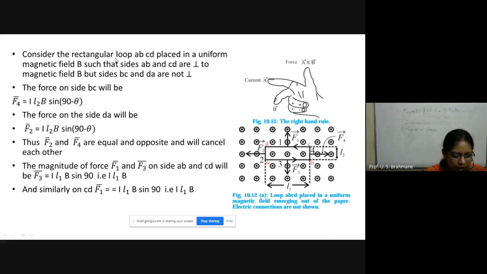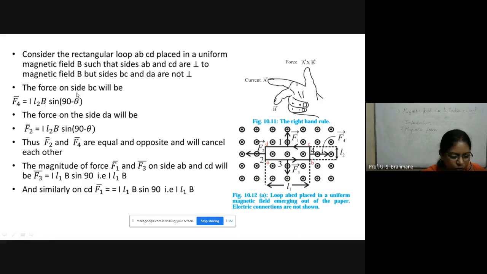Consider the rectangular loop ABCD placed in a uniform magnetic field B such that sides AB and CD are perpendicular to the magnetic field B, but sides BC and DA are not perpendicular. They are parallel to B, but AB and CD are perpendicular.